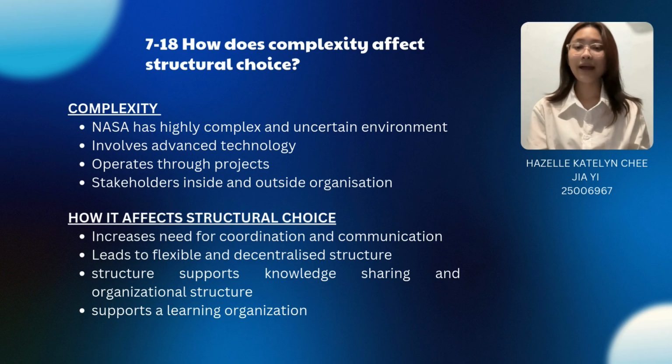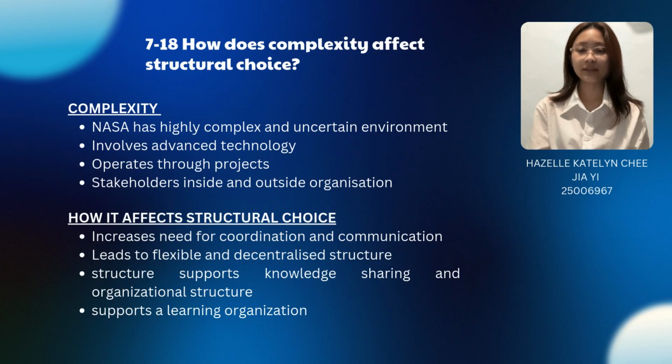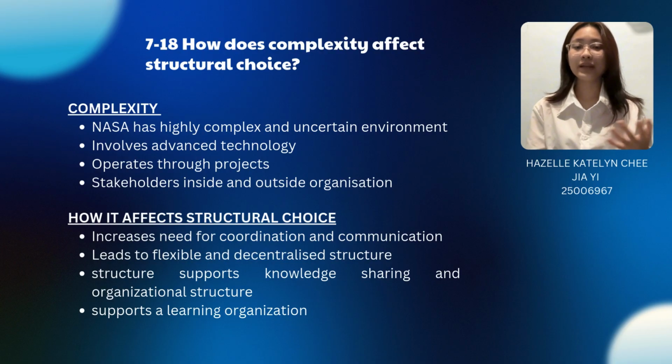And because of the high level of complexity, NASA's structural choices are affected, because there's a greater need for communication and coordination across different teams and projects to ensure work is aligned and information flows as effectively and smoothly as possible.